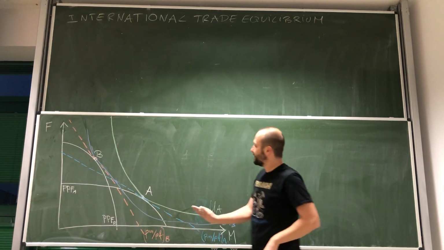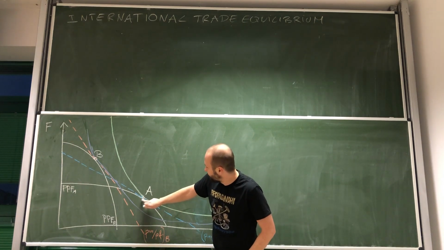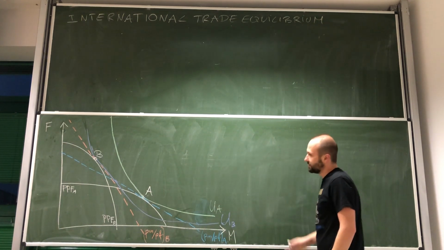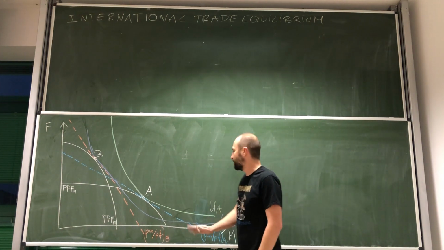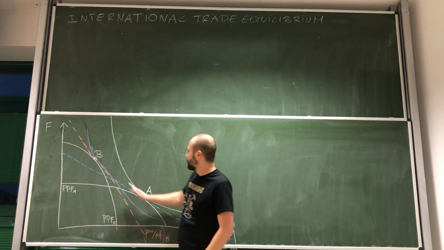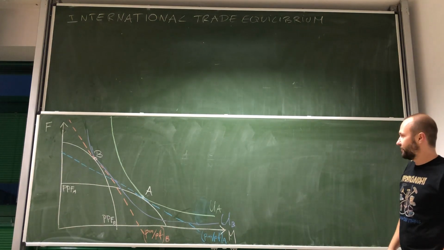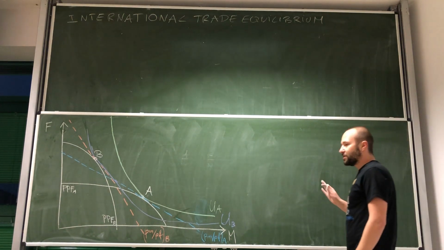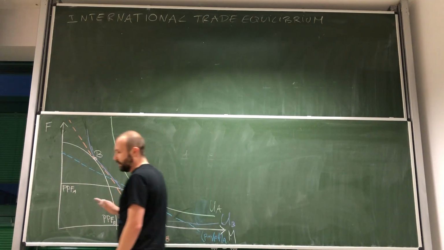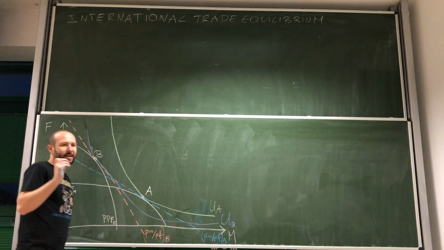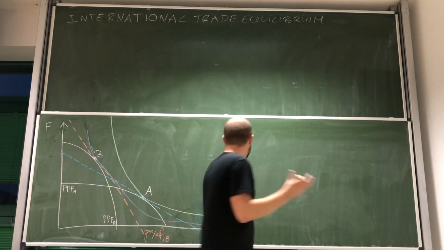Here we see that this is a production point and a consumption point for Austria because it lies on the production possibility frontier and just as on the indifference curve.